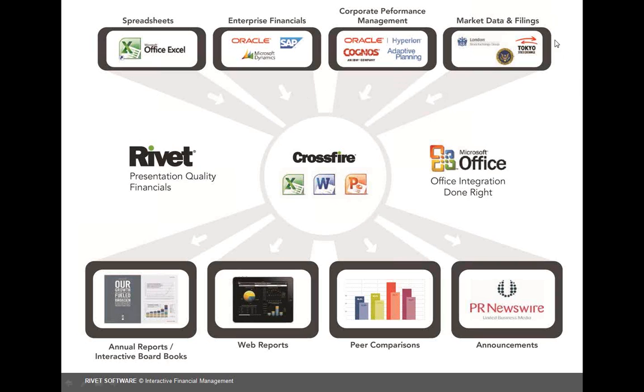The fourth box here is really the key: market data and public information, SEC information, Tokyo Stock Exchange, London Stock Exchange, public information that can now be incorporated side by side with internal data.